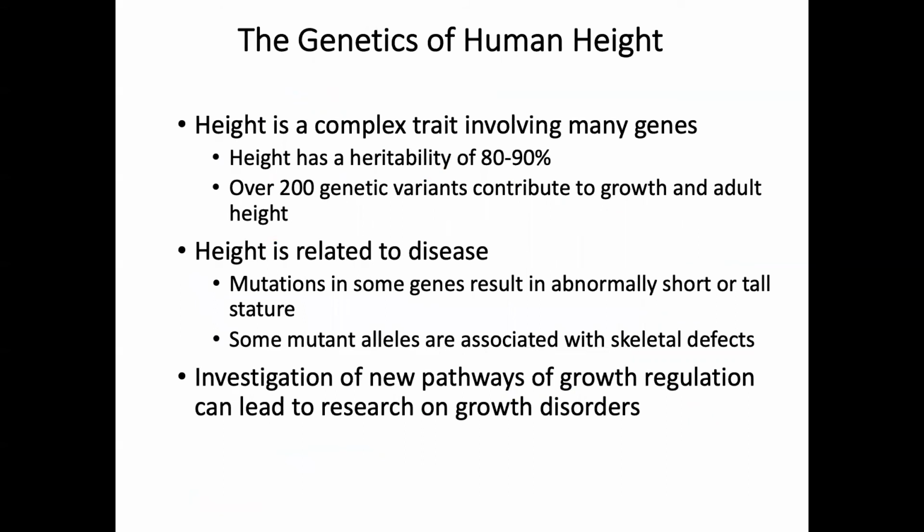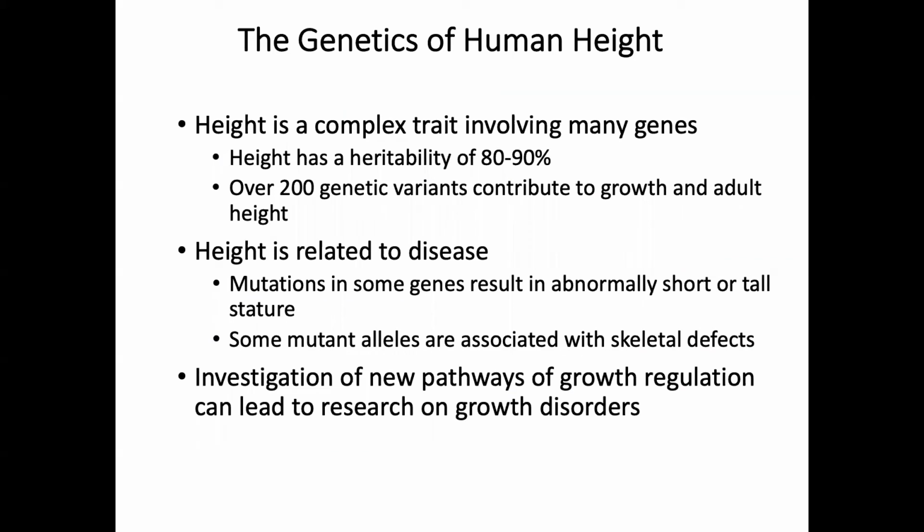All right, so we discussed human height at the beginning of this lecture, and know that height is a complex trait. It has a heritability of about 80 to 90%, indicating that height is largely controlled by genetic factors. So far, over 200 genetic variants have been identified that contribute to growth and adult height.